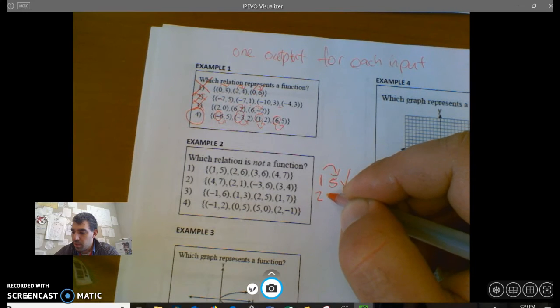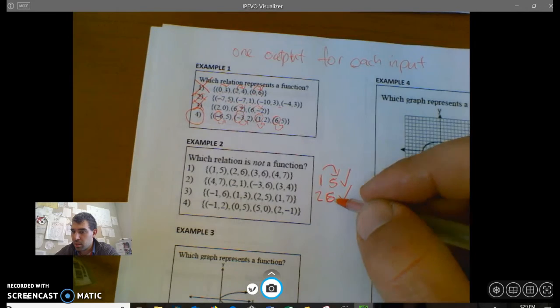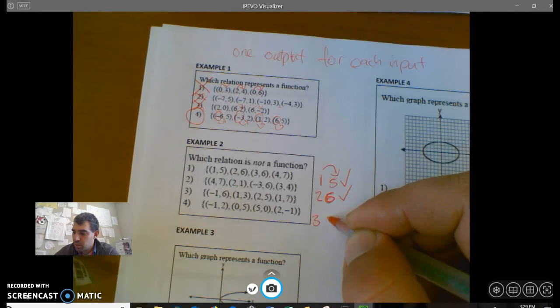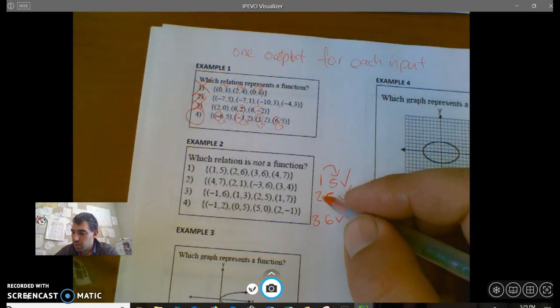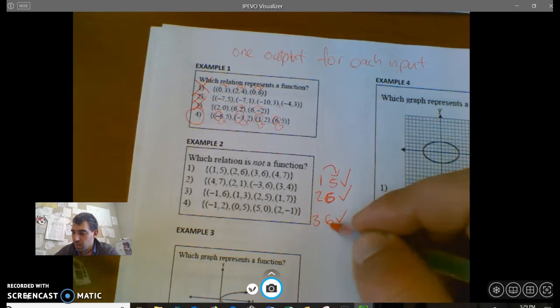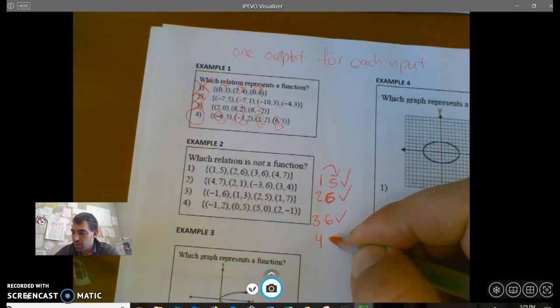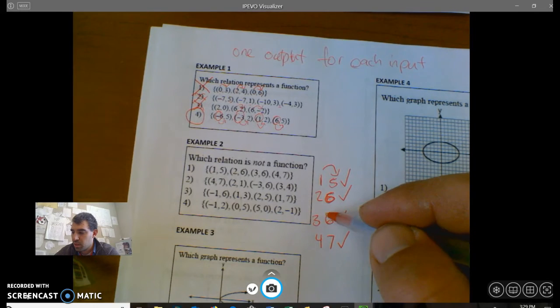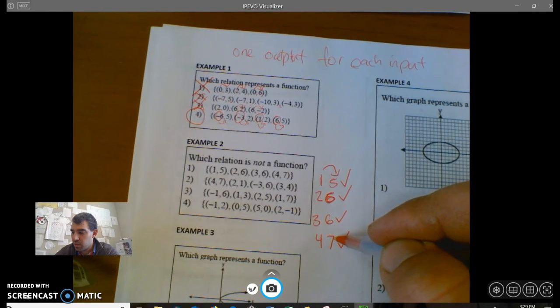We put 2 in, we get 6 out. Check. We put 3 in, we get 6 out. Check. These can be the same, that's fine. We put 4 in, we get 7 out. Check. 1 gets us a 5, 2 gets us a 6, 3 gets us a 6, 4 gets us a 7.